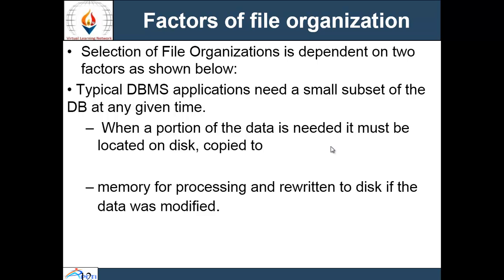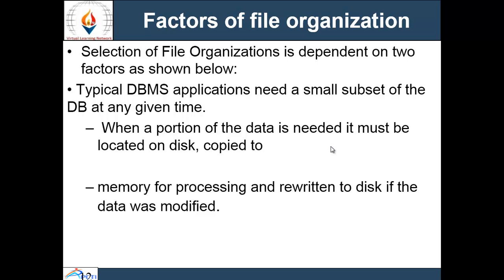Now, the factors of file organization. First of all, before discussing the factors, we will discuss file organization. File organization is used to determine an efficient organization for each base relation.